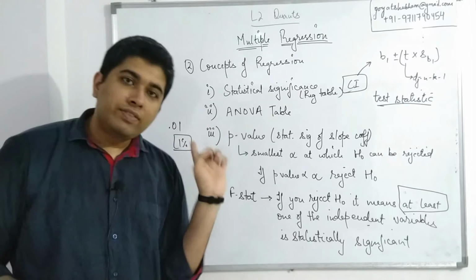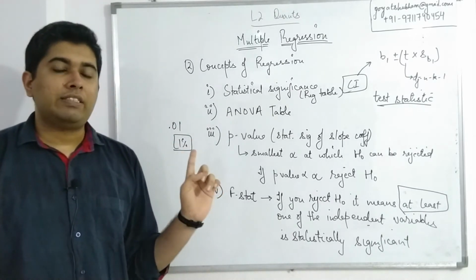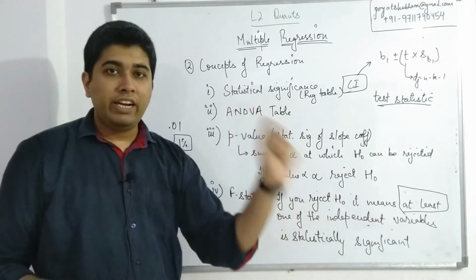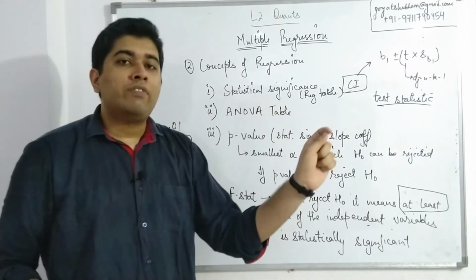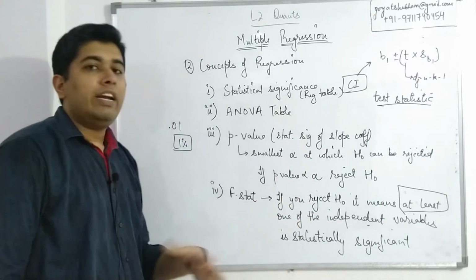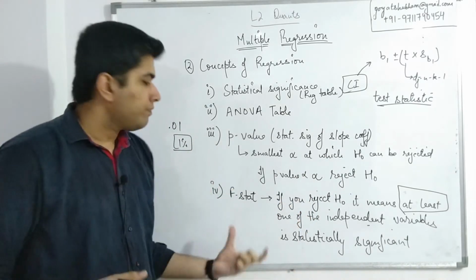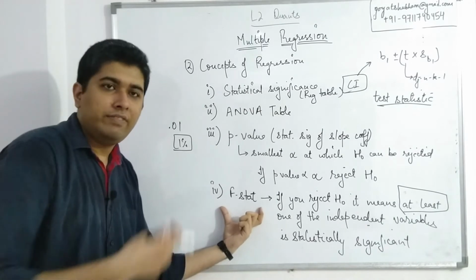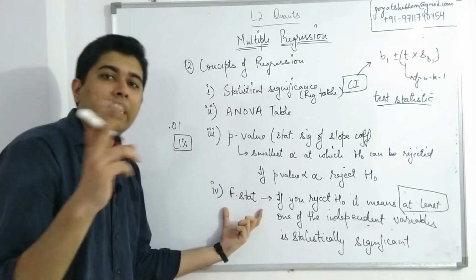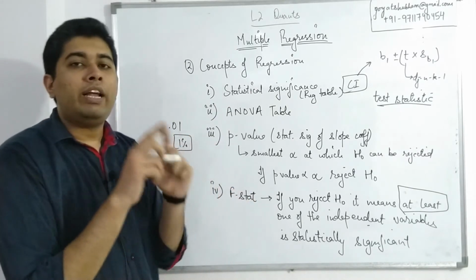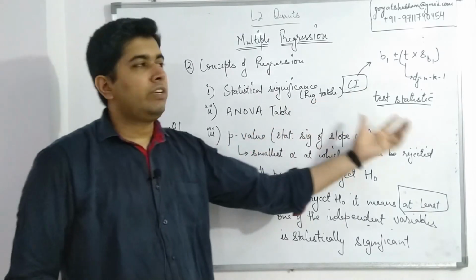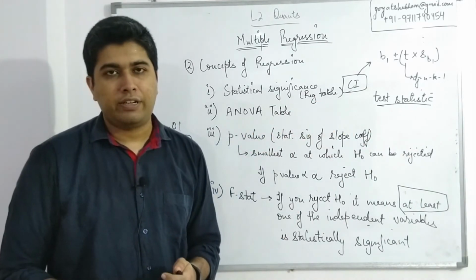But if f-stat is proving statistical significance, then I would have to test all of my independent variables individually to see which ones are statistically significant. So this is testing the entire model, and generally this is the first step. If this is proving to be statistically significant, then I jump on to testing each independent variable separately using either p-value, confidence interval, or test statistic.